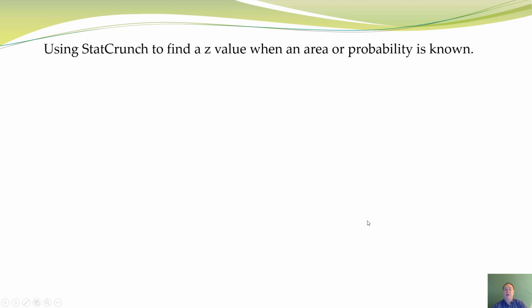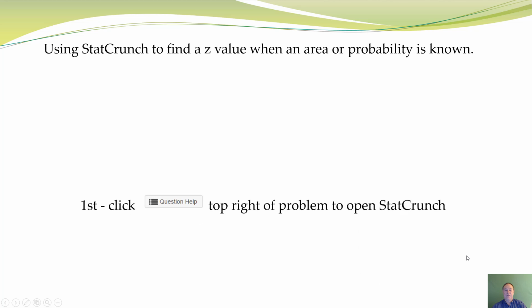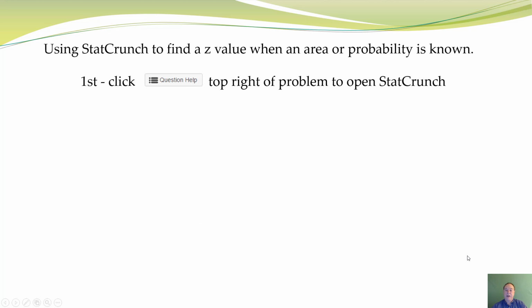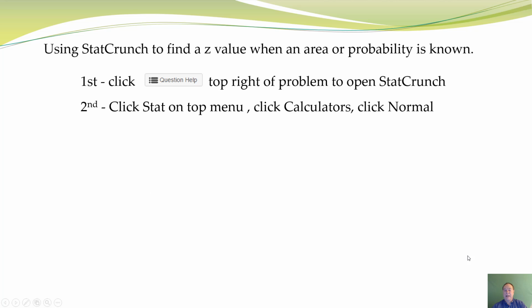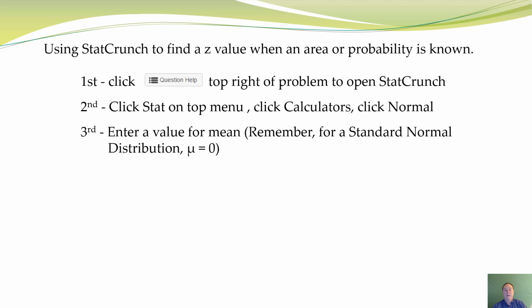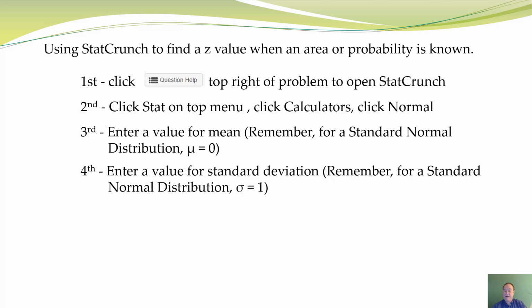All right, using StatCrunch to find a z-value when an area or probability is known. First, click the question help at the top right of the problem to open StatCrunch. Second, click Stat on the top menu, highlight Calculators, click Normal. Third, enter a value for the mean. Remember, standard normal, mean is 0. Enter a value for standard deviation, standard normal, 1.